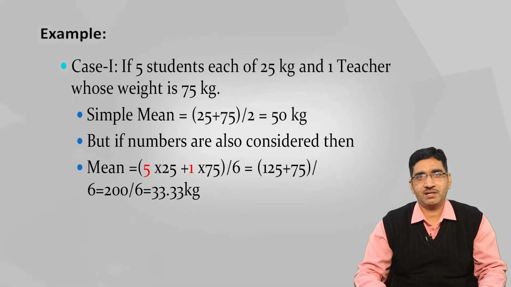So the average weight comes to 33.33 kg. Here the average weight is inclined towards the 25 kg weight, where the number of students is more than the teacher, that is only 1.